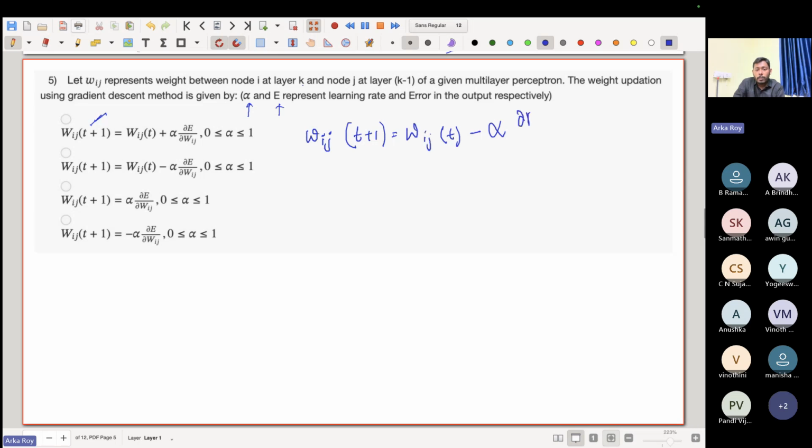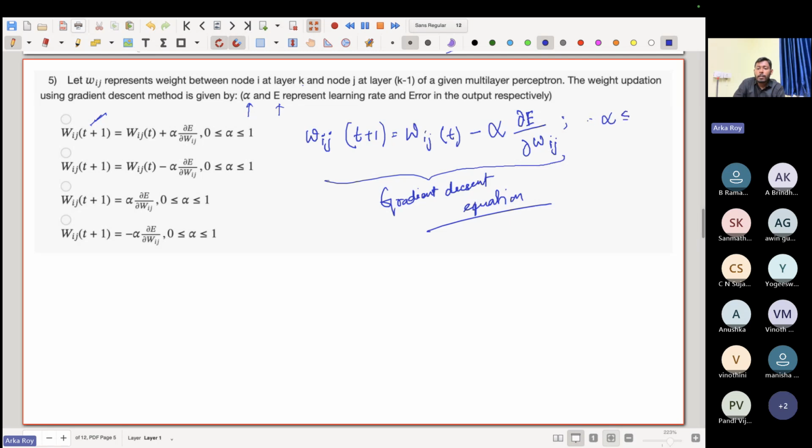So therefore it would be del E divided by del Wij. So this is the form of the gradient descent equation. And at the same time, you will see this is a common practice that you take the range of alpha in between 0 and 1. So this is a common practice.